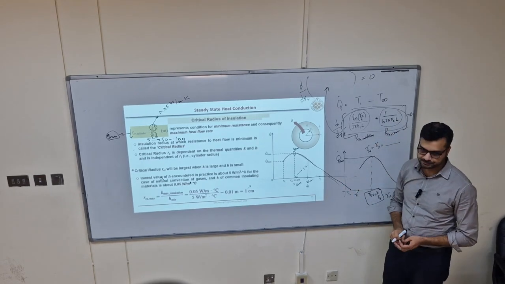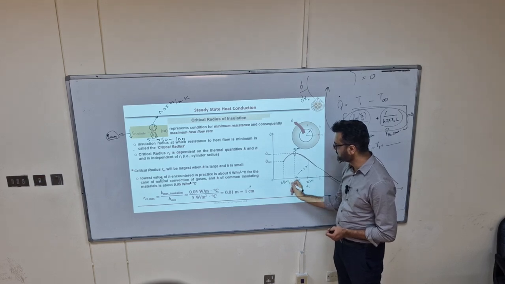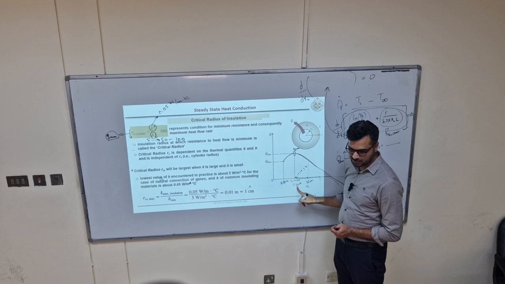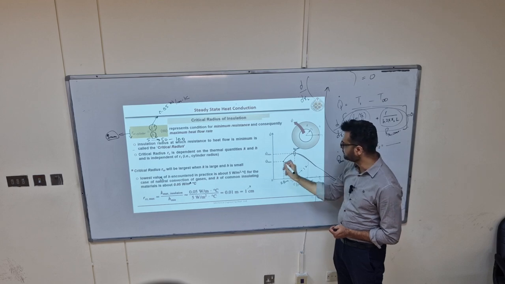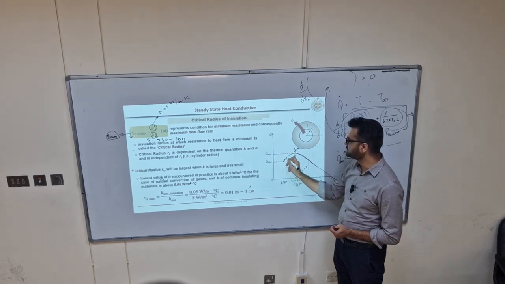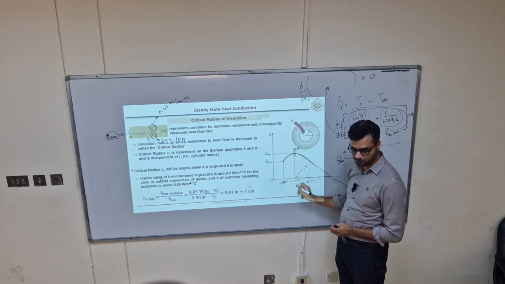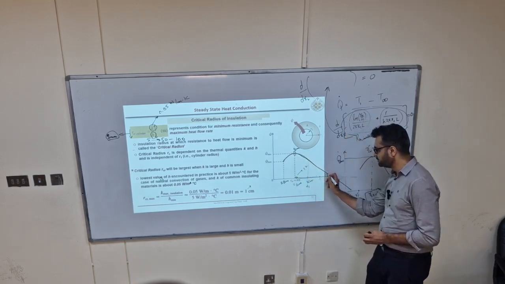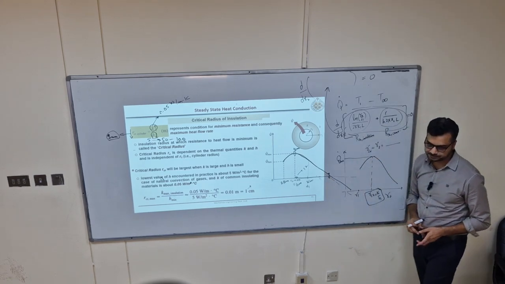So it's good. But if you were using 0.5 centimeter and the critical radius of insulation comes out to be 1 centimeter, then the insulation thickness must be larger than this. Because by increasing insulation thickness, heat loss will increase and reach the maximum, which is at 1 centimeter. So if you want to reduce the heat, this radius should be used.